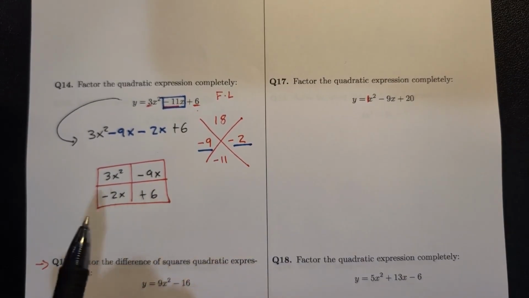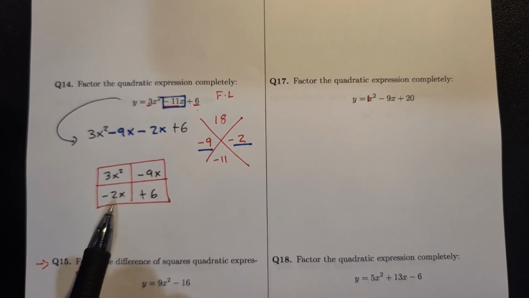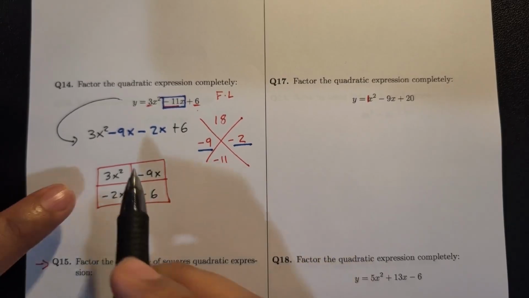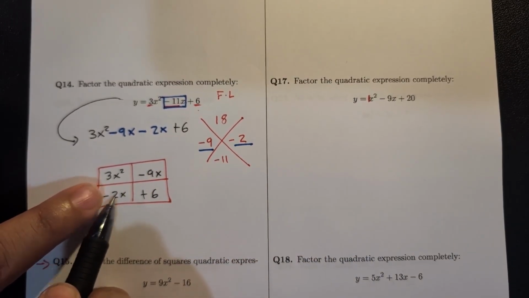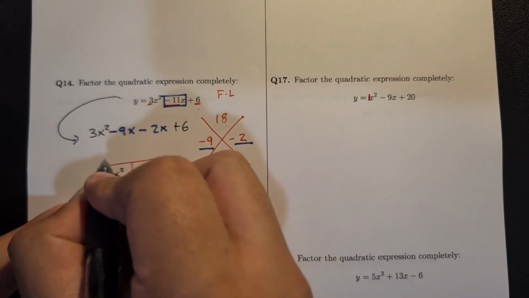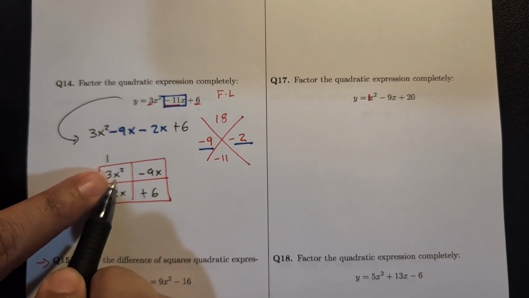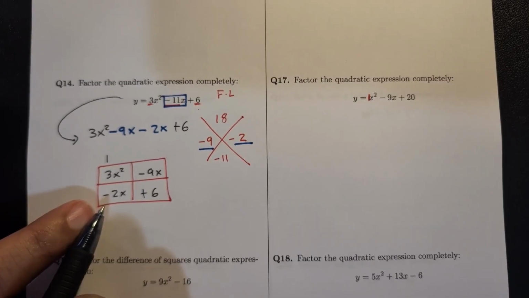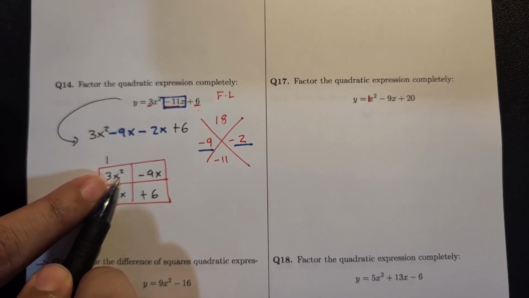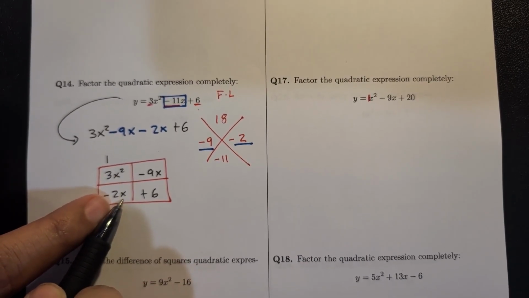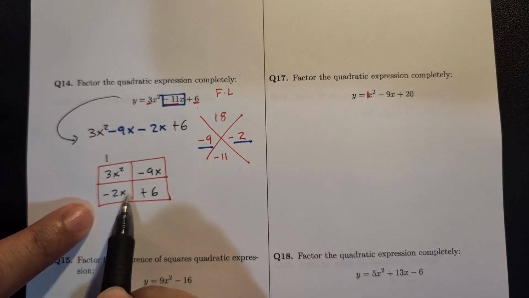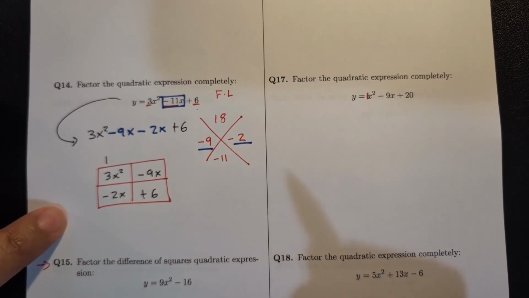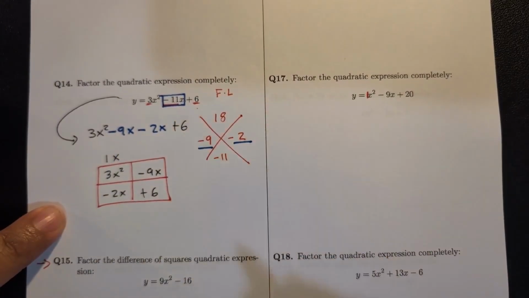So here, I don't like to worry about the negative sign or the positive sign. I just want you to do the numbers first. So here, what can I take out between 3 and 2? Only 1. And since this one has an x and this one has an x, I can only take out one of the x's. I can take out x squared from this one, but this one does not have x squared, does not have two x's for me to take out. So I take out only one.